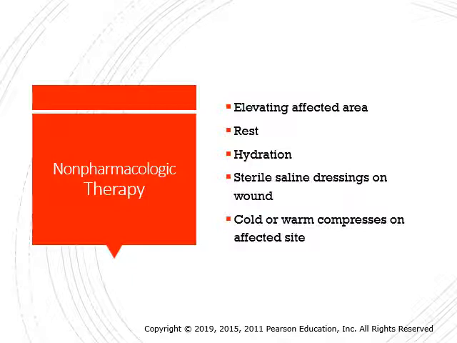And then non-pharmacologic therapy, which brings in nursing intervention, so we can elevate the affected area. We can promote rest and encourage rest, provide adequate and appropriate hydration. The one thing we might do is to place sterile saline dressings over a wound to provide that barrier that the skin is not providing.